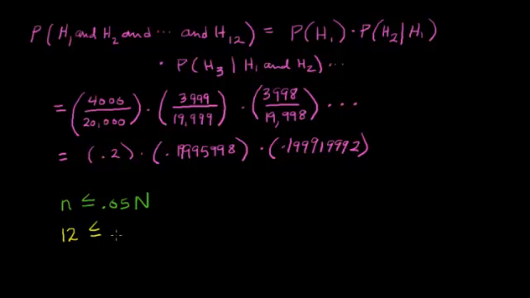Is that less than or equal to 0.05 times 20,000? Well, is 12 less than or equal to 0.05 times 20,000? That's 1,000. So yes, this is true, and so we may use the rule.